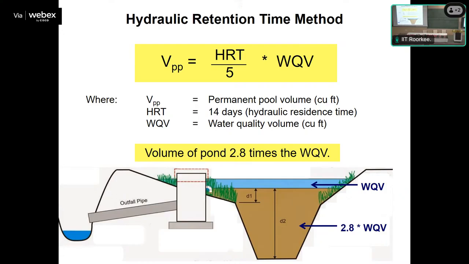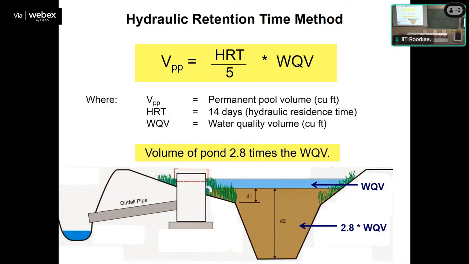So what's your average size? Your size of the pond is your average depth multiplied into your water quality volume. All right. So if you're trying to make your pond as small as possible, and you're allowed to have your average depth range between 1 and 6 meters, what number are you picking?